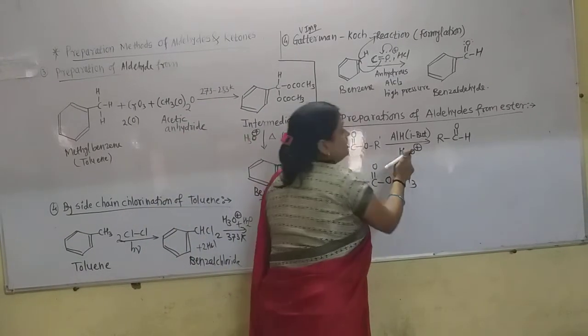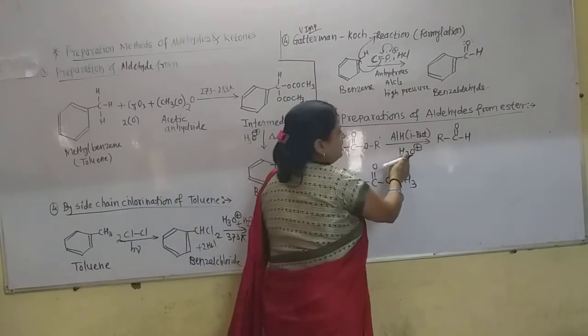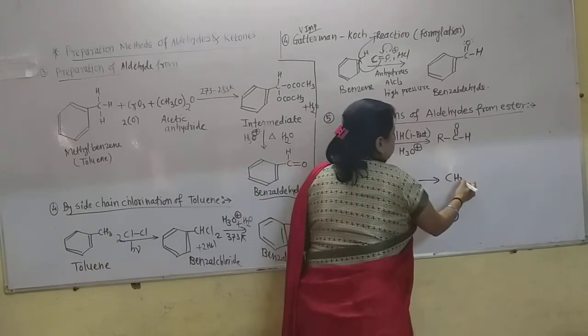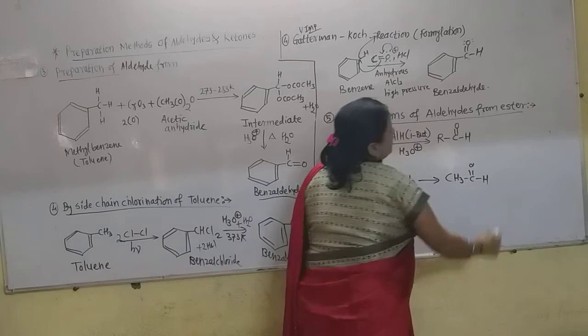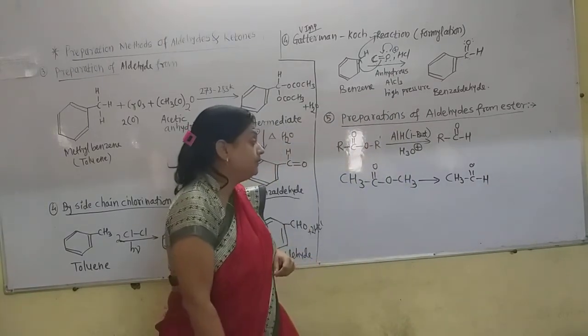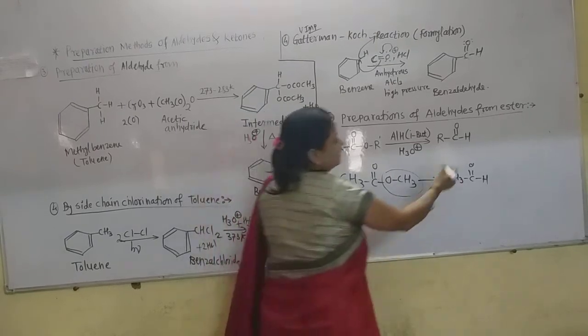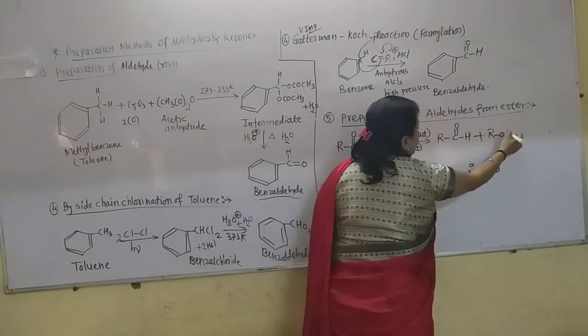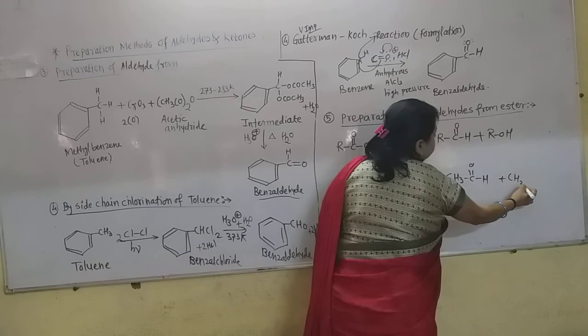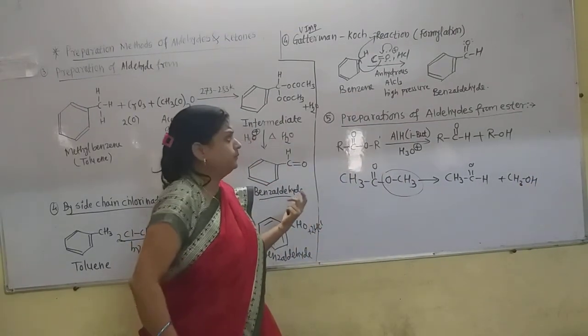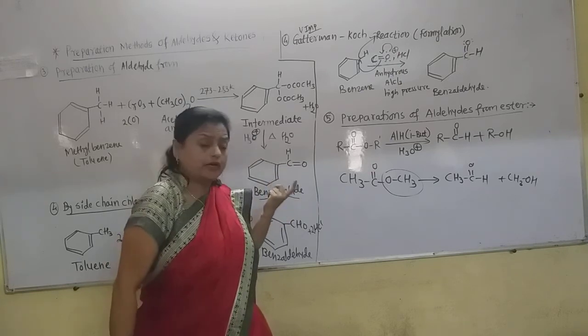After hydrolysis in the second step, it directly forms the aldehyde. Here also the aldehyde is formed directly. The remaining group may form an alcohol in this way. So this is also a very important reaction for the preparation of aldehydes from esters.